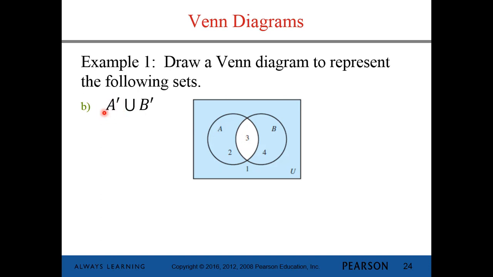So if we say not A or not B, then that's the same as saying not in A and B. But again, if you just think about it, not A, everything that's not in A or not in B or not in both, if we do that, we're going to get everything except for the intersection.